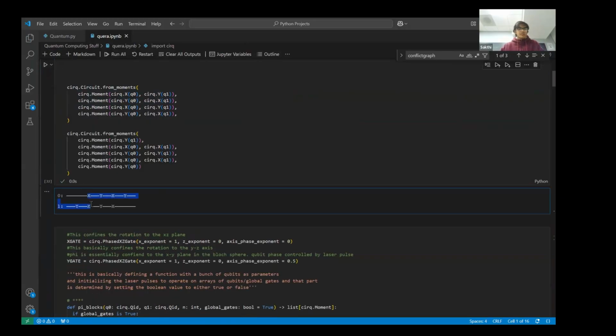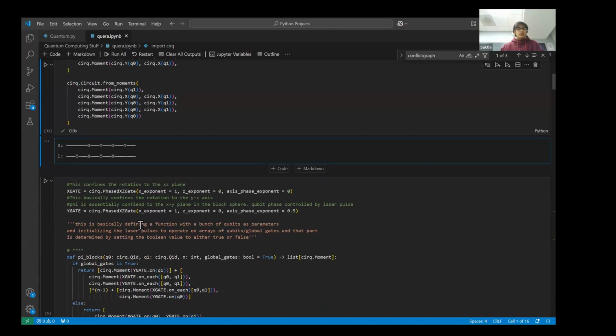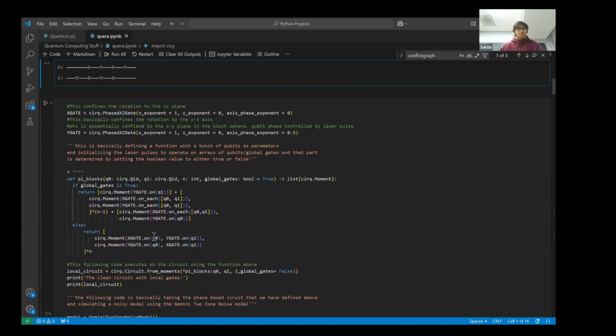These portions over here, we can see that they're for qubits 1 and 0, the same gates are being applied. In moment 2, there's X and X being applied and Y being applied. So through this function, we're essentially doing the same thing, but we are allowing that XY portion to be implemented however many times over however many moments we want, depending on whatever integer you choose for the function itself.